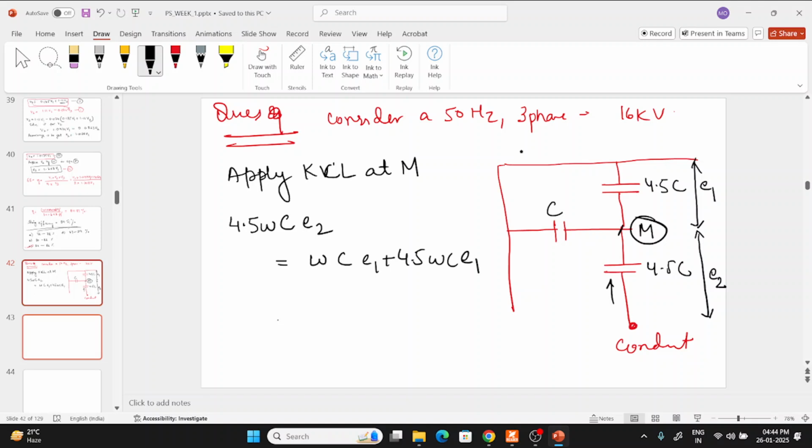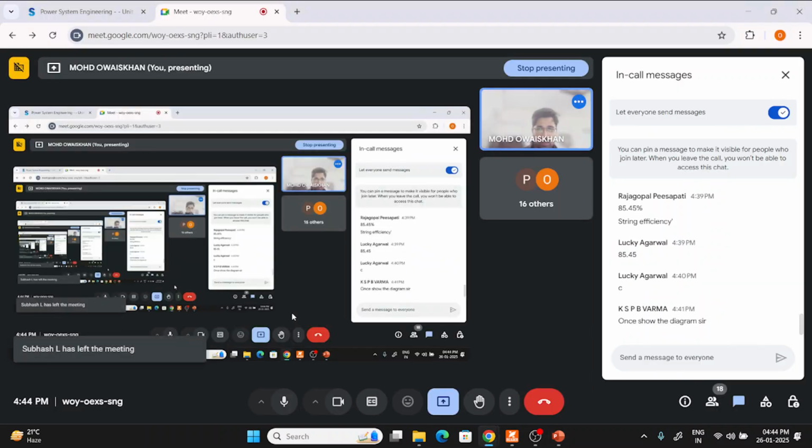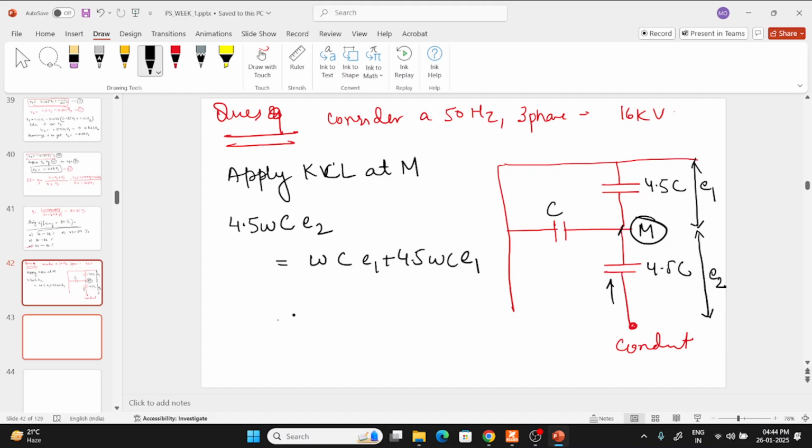I think it is quite explanatory. I don't have to go into details. Okay. So basically, we will remove the common things. What will it come to? 4.5 E2 is equal to E1 plus 4.5 E1.